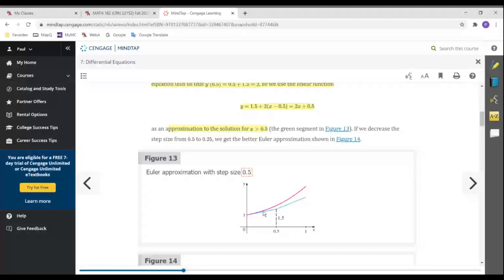The point is that you see these line segments are following the solution curve. How many are noticing that? Kind of interesting. Maybe give a few thumbs up if you're noticing that in figure 13.